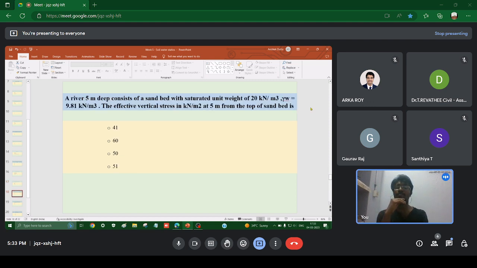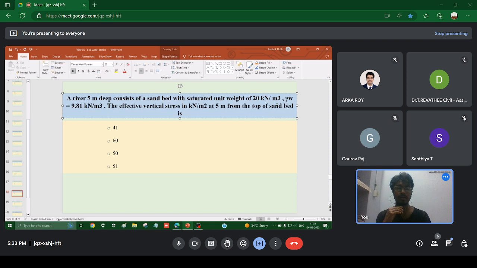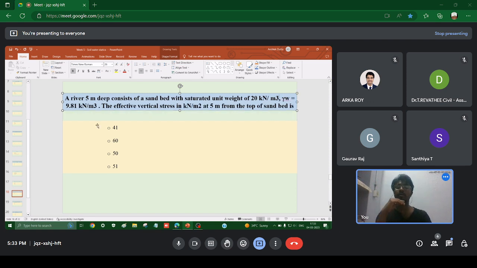A river 5 meter deep consists of a sand bed with saturated unit weight of 20 kilonewton per meter cube, where gamma W, the weight of water, is given as 9.81 kilonewton per meter cube. The effective vertical stress in kilonewton per meter square at 5 meter from the top of sand bed is.